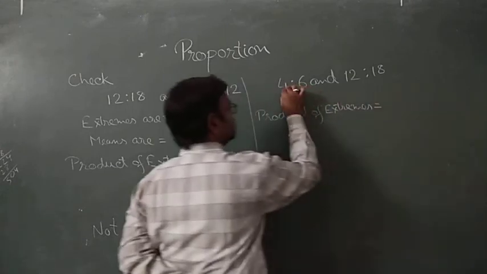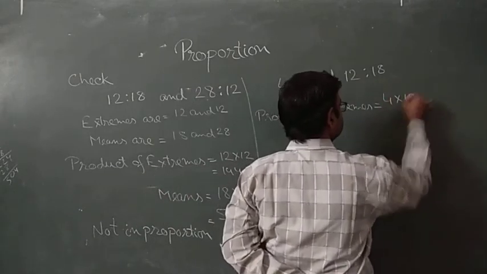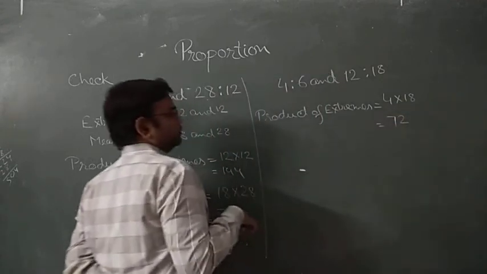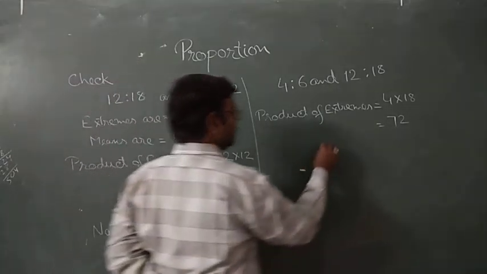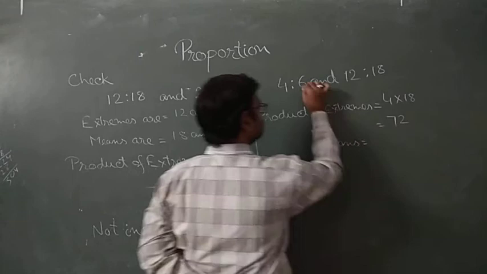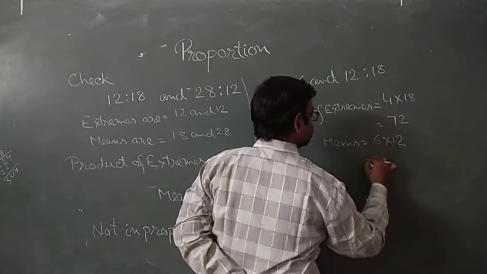Extremes are these two, so 4 into 18. 18 4s are 72. Product of means, these two must be means, so 6 into 12, it's 72.